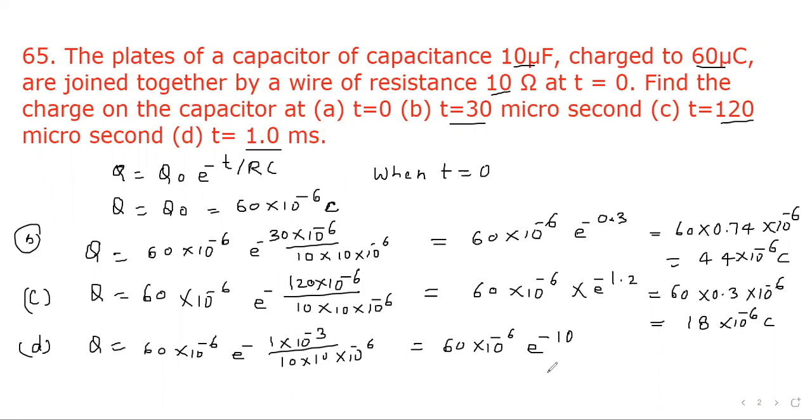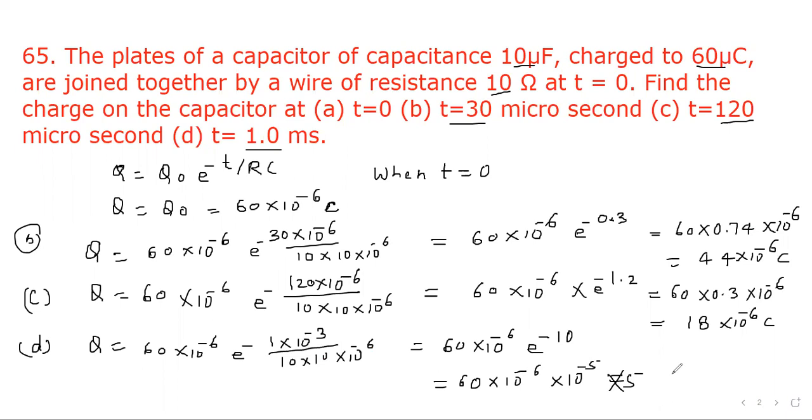And if we evaluate it, it will become 60 into 10 to the power minus 6 into the value of e to the power minus 10, which is 5 into 10 to the power minus 5.